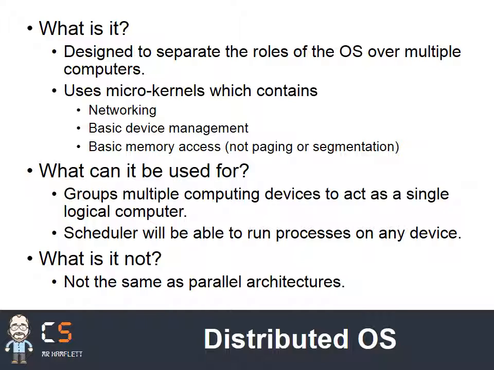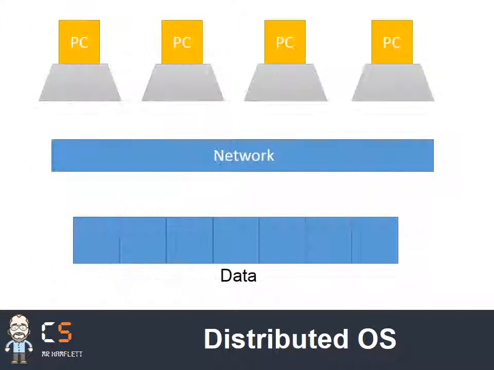The key difference shown on this slide is that all those devices are connected together via a network. So in a normal parallel computer, there is one PC. In this case, each PC is connected to the network, and then the distributed operating system will manage the problems and processes and data in such a way that they're spread out. So for example, let's say I've got a single problem and I want to split that problem up over the different PCs.